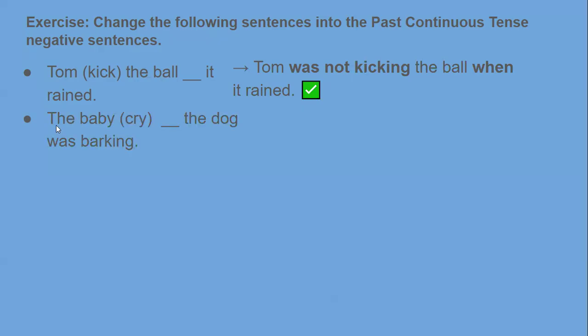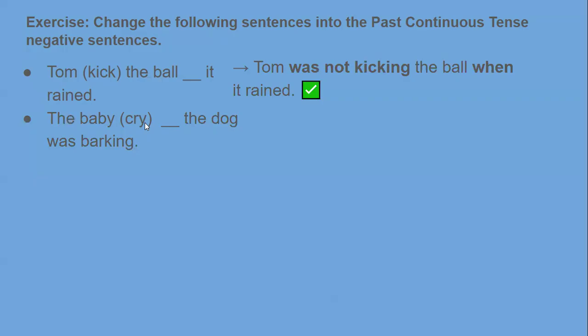Next, the baby cried, the dog was barking. The baby can be a he or a she, and therefore we need to use the past verb to be was, and we need to make it negative by putting not, and put an ing at the end of the verb.